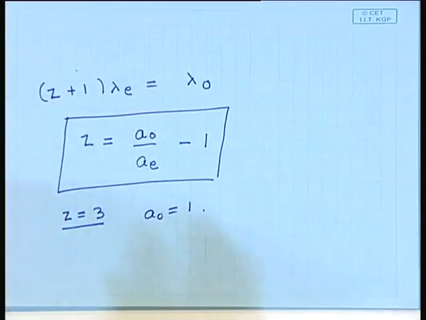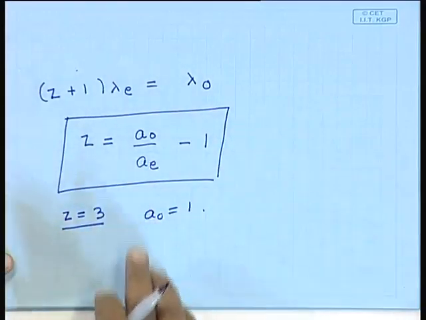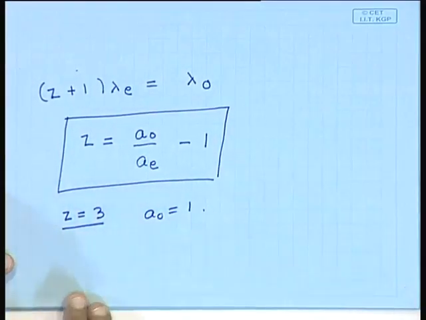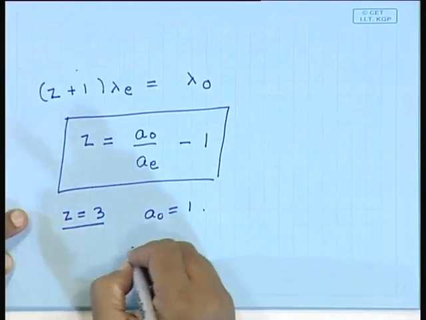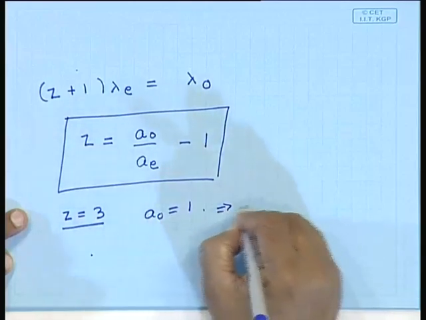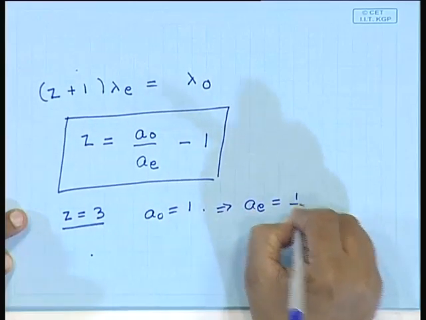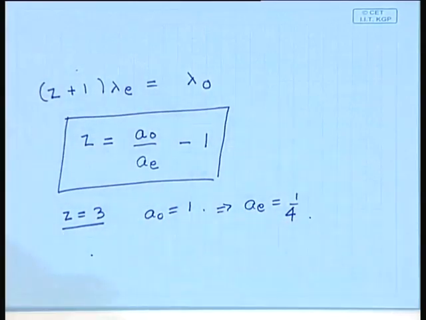We have assumed that the value of the scale factor at present is 1. If the observer is there at some other time, then you have to use this formula. At present the scale factor is 1. What was the value of the scale factor when the light was emitted? So, the value of the scale factor when the light was emitted, a emitted, is 1/4. Okay, that is straightforward to evaluate from here. So, the universe was 4 times smaller when the light was emitted from the galaxy.